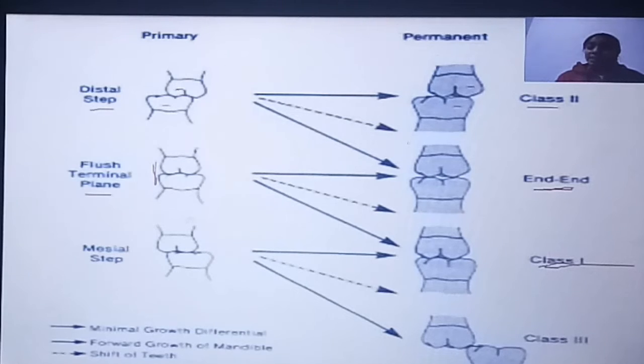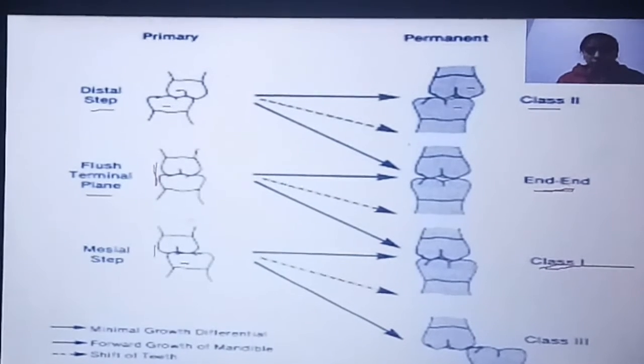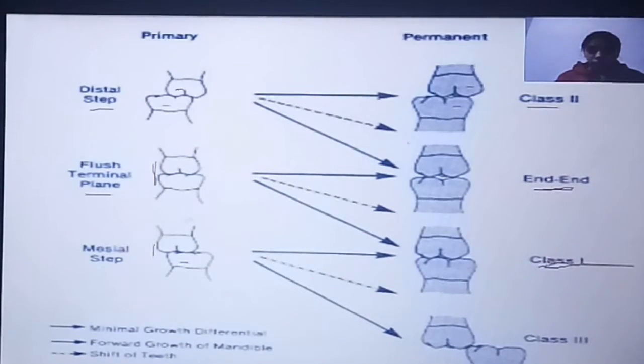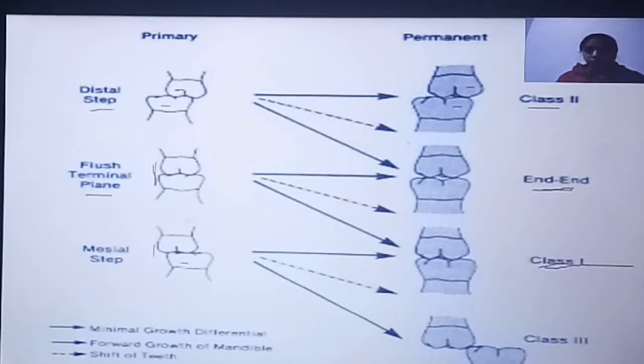Now coming on to mesial step. Mesial step was that the lower molar is forward as compared to the upper molar. We can see from here that it will come into class 1 relation if the growth of the mandible is normal, because if the mandible grows more, it will change to a class 3 tendency.